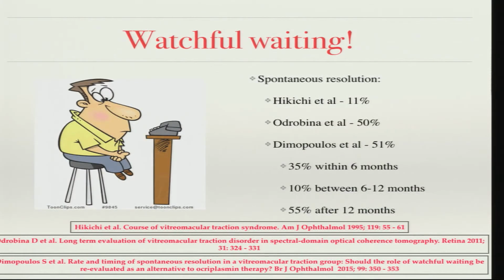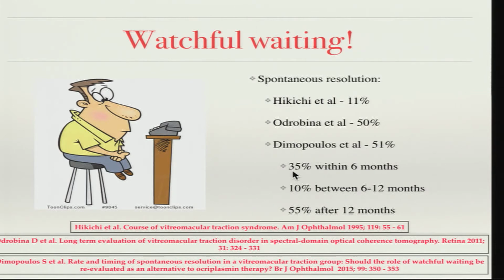Many studies have shown spontaneous resolution rates from 11% to about 50%. This 50% is over about a 5-year study period. And recently, Timopoulos said there's about 51%, of which 35% occurs within the first 6 months and the rest after.